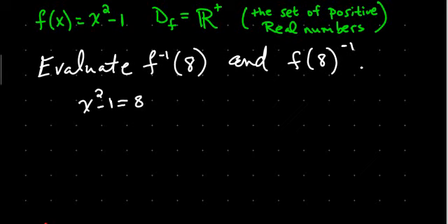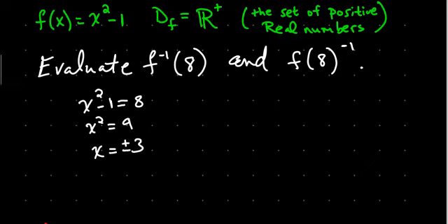Okay, so x squared equals, subtract 1 from both sides, x squared equals 7, and so x is going to equal, you might want to say plus or minus, but I know that this has to be the positive. And why do I know that?